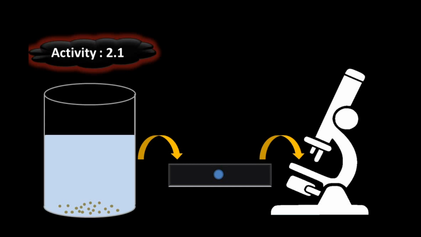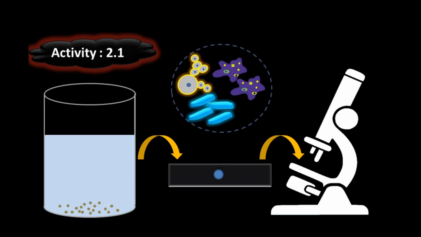We observe different small microorganisms, in different shapes and different sizes. So, microorganisms are very small in size. They are found in water, in air, and in soil. To observe these microorganisms, we have to use a compound microscope or electron microscope.